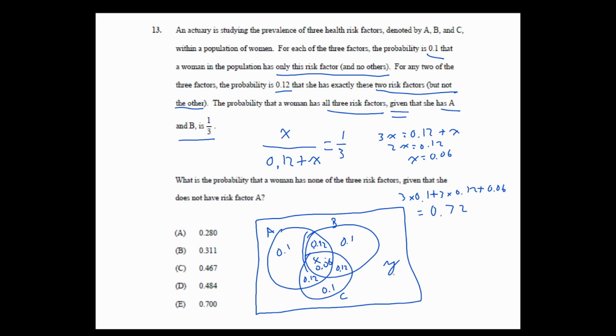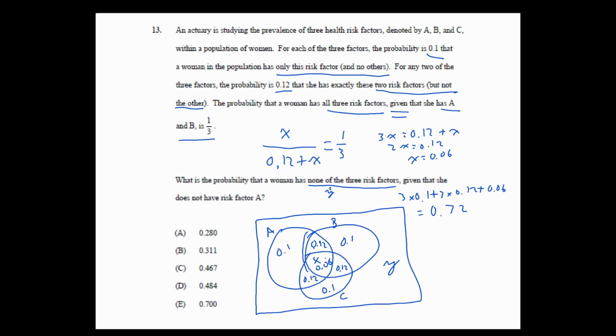So now let's look for y, because that is what we want to find. What is the probability that a woman has none of these three risk factors, given that she does not have risk factor A? First we need to find y, because y is none of these risk factors.